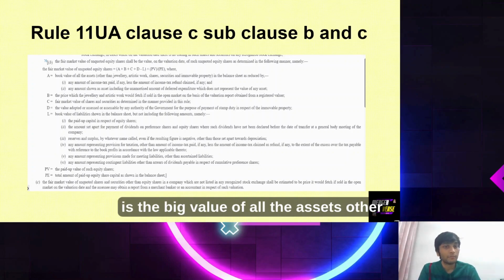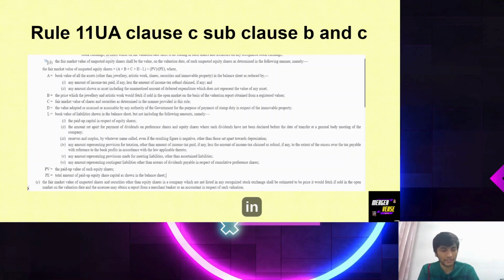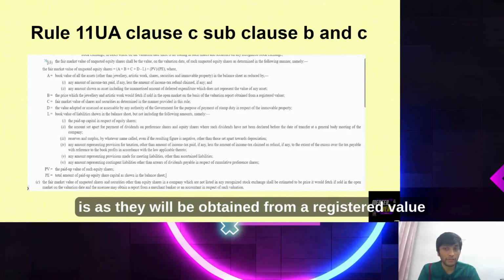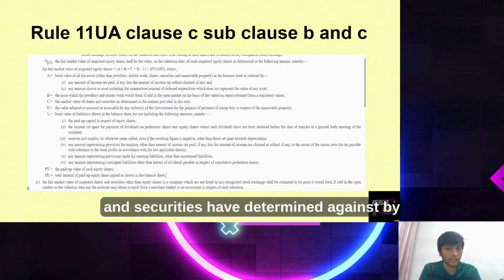So A is the book value of all the assets other than B, C and D, which is in the balance sheet. Then B is the value of jewelry, and it is as obtained from a registered valuer. C is the FMV of shares and securities as determined again by the same rule.